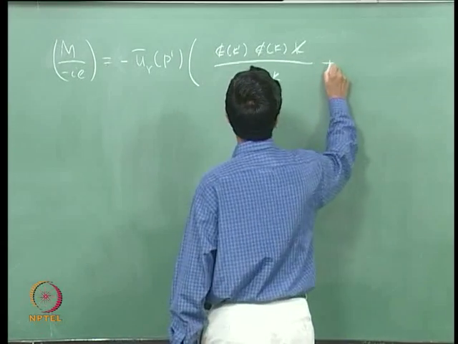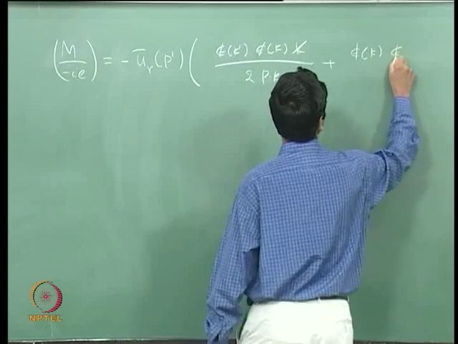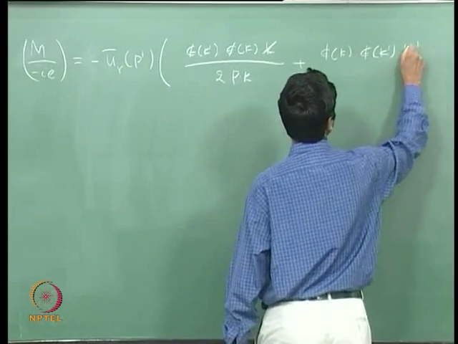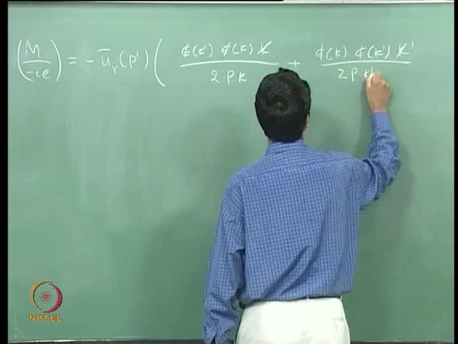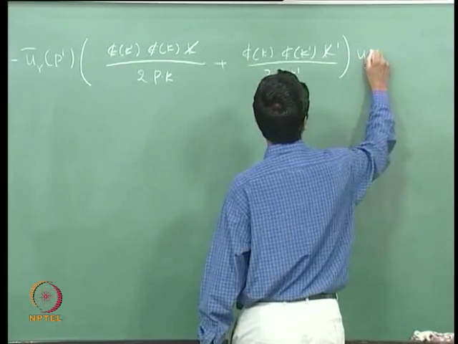Now epsilon-slash k prime-slash divided by twice p dot k prime acting on u_s(p).